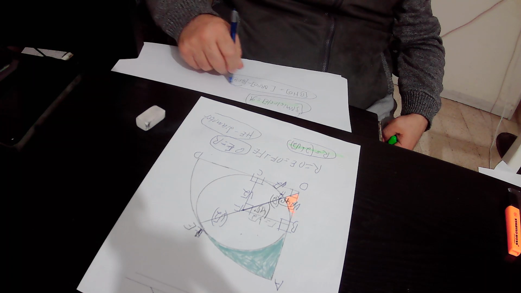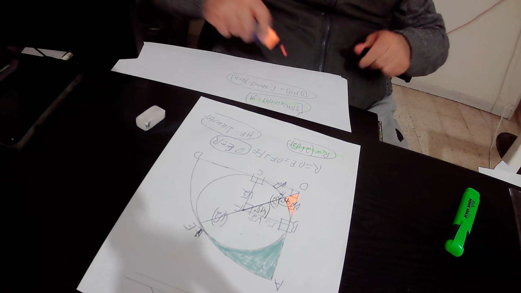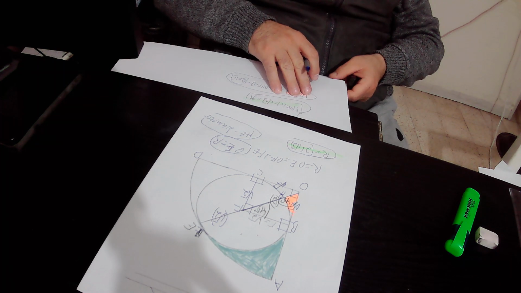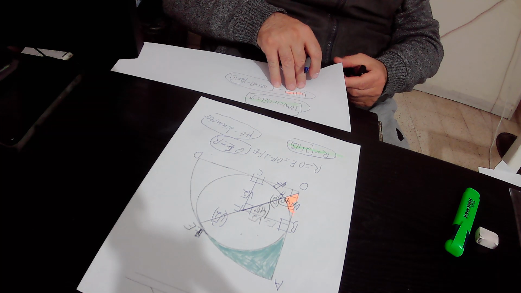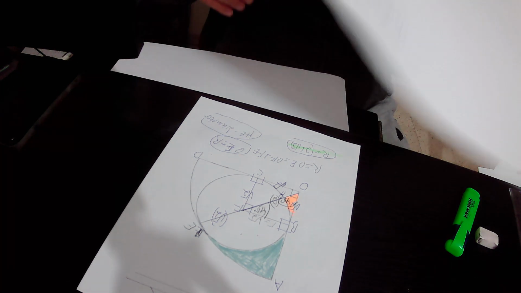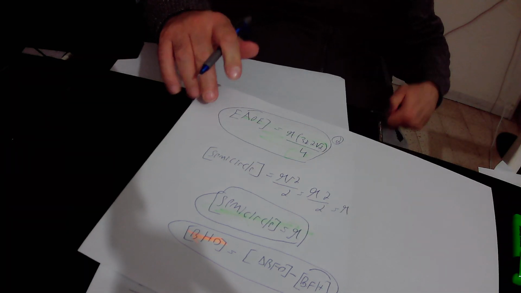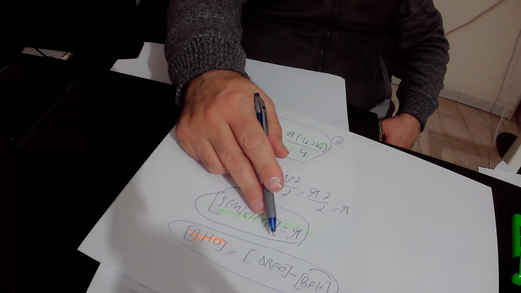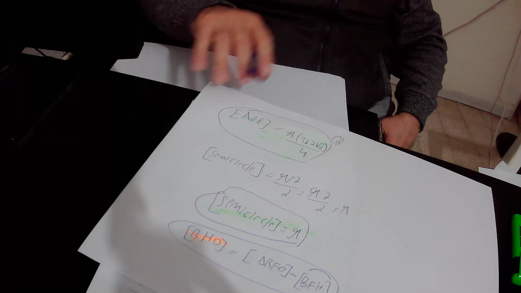Repeat again. The area of the orange shape BHO equals the area of the right isosceles triangle BFO minus the area of the small sector BFH.